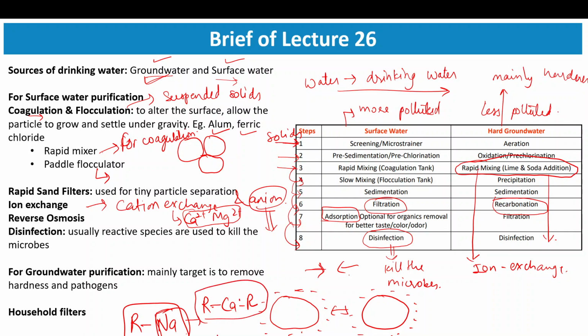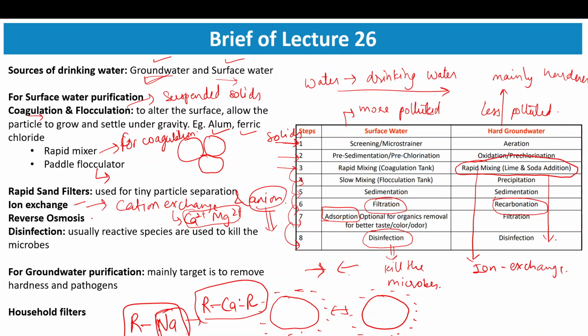So this type of structure will be formed, R2Ca, and here the Na will be replaced by calcium, which means that ion exchange has occurred. Since the concentration of calcium and magnesium will reduce in this manner, and sodium is not that harmful and will not cause scaling, calcium and magnesium will be removed and sodium will be added to water.